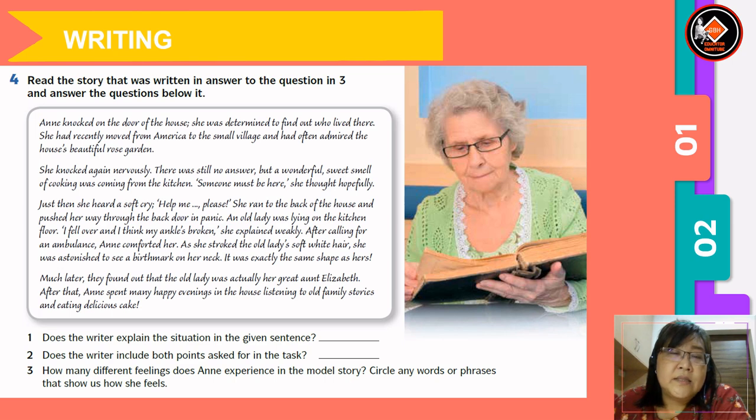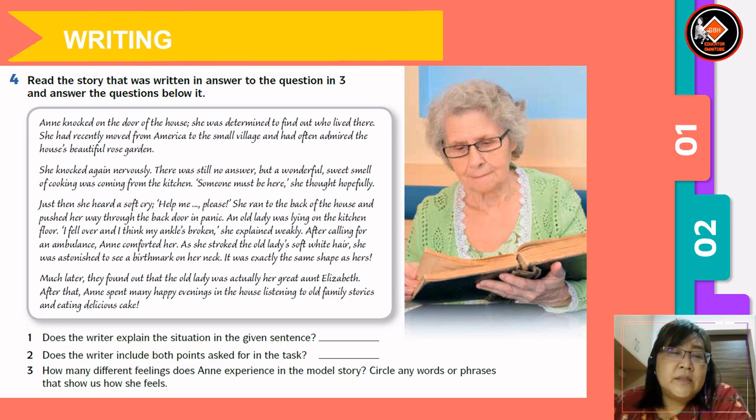There was still no answer, but a wonderful, sweet smell of cooking was coming from the kitchen. Someone must be here, she thought hopefully. Just then she heard a soft cry. "Help me, please." She ran to the back of the house and pushed her way through the back door in panic. An old lady was lying on the kitchen floor.